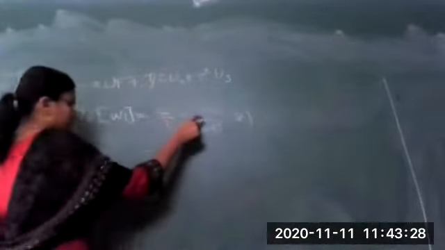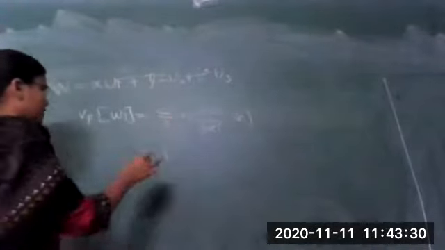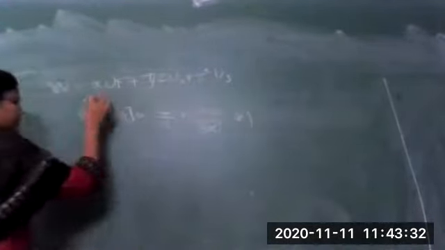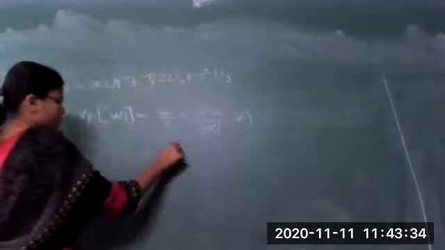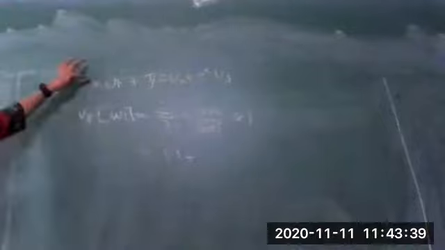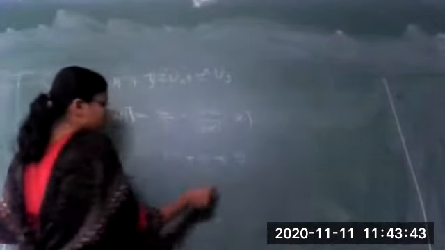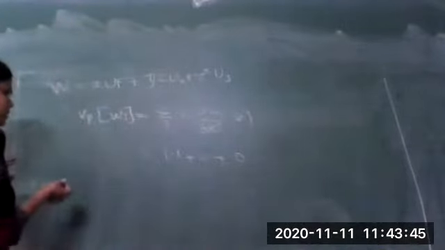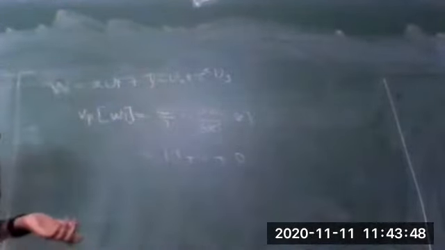So 1 times the derivative of W1 with respect to x, which is 1. All others will be 0, because the derivatives of x with respect to y and z are 0. So V_P W1 will be simply 1.